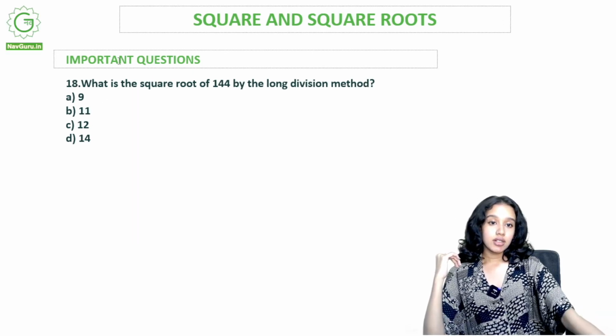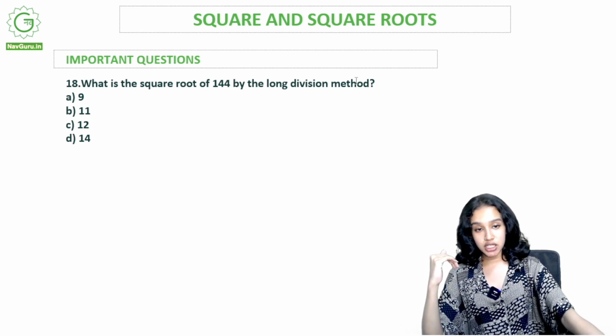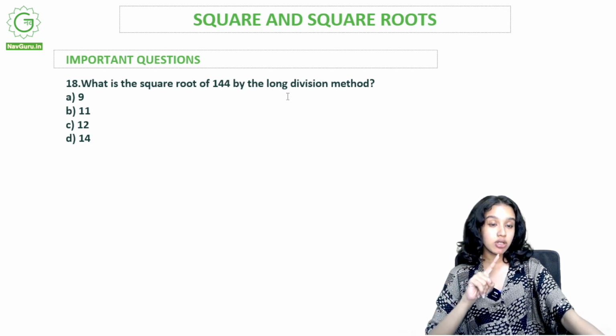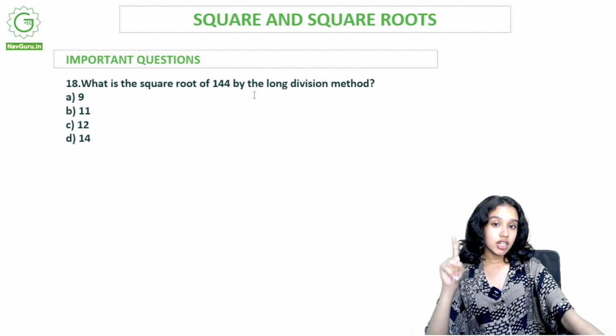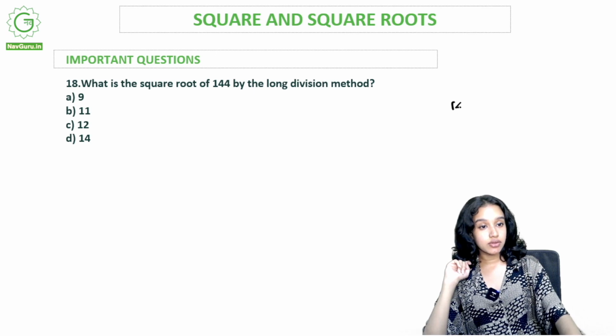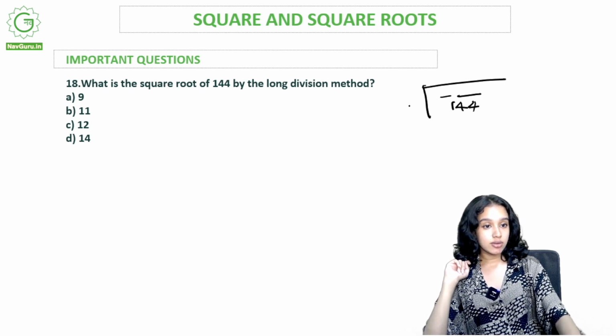Now, what is the square root of 144 by the long division method? We know the square root of 144 is 12, but here we have to use the long division method. 144, by long division method, we are pairing 44 and 1. So, what is the nearest square? 1.